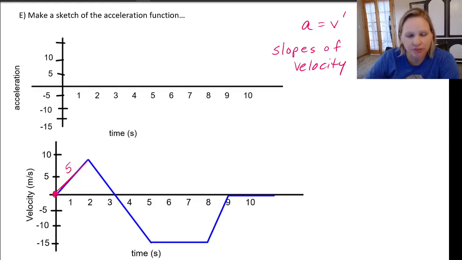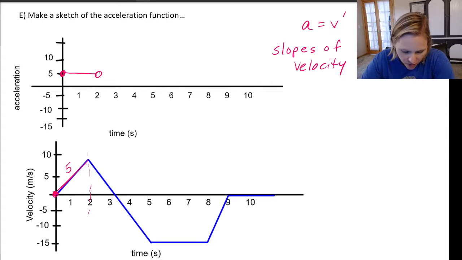And anytime we have a sharp corner, that's not going to happen. So from 1 to 2, my acceleration will be 5, and I'm going to have an open dot on the interior because that corner is not a differentiable spot and the acceleration doesn't exist.